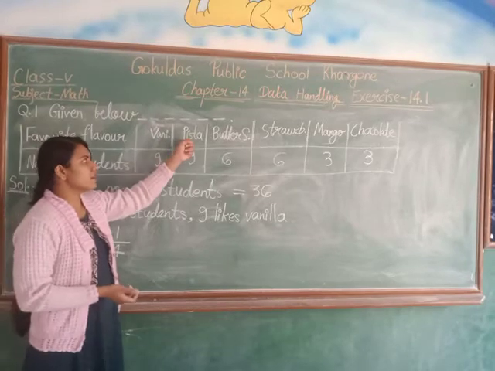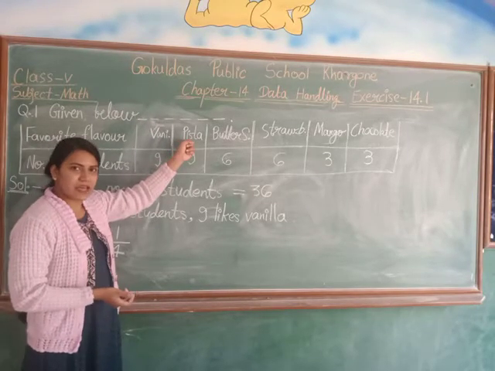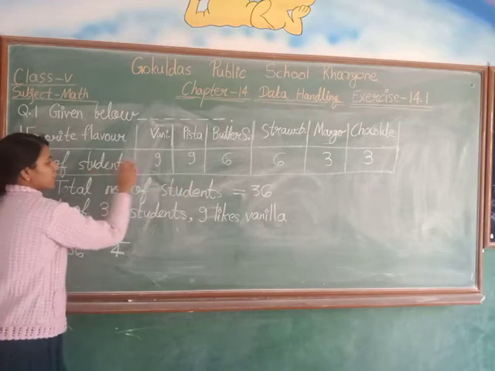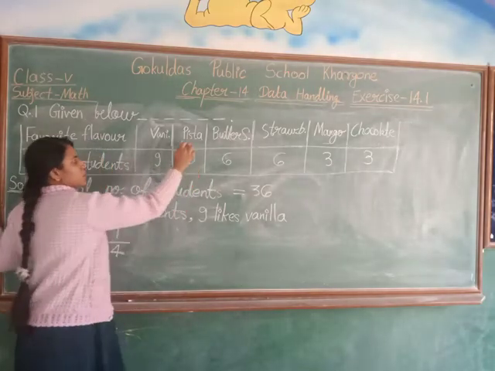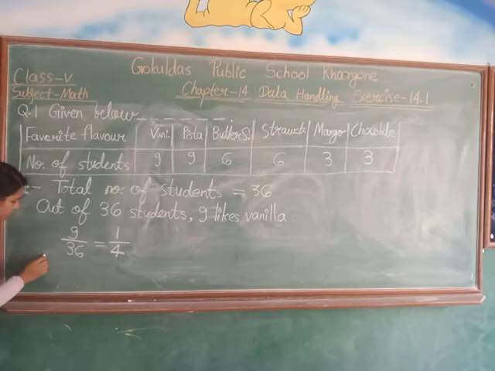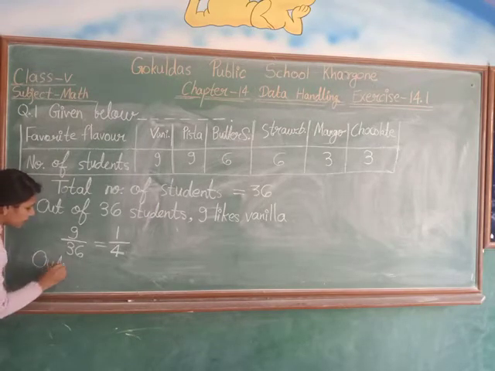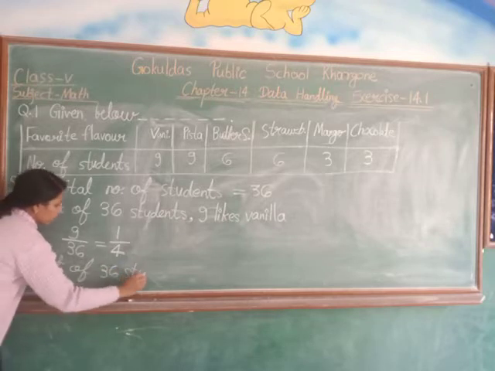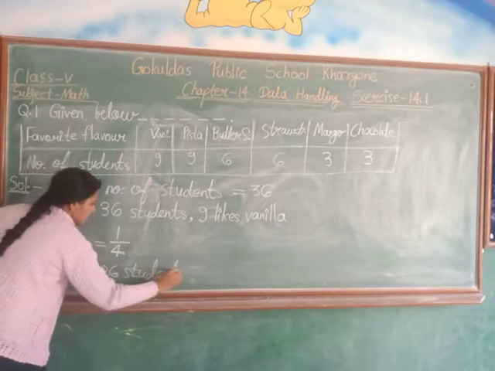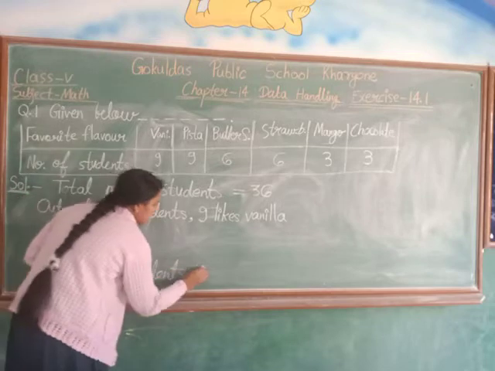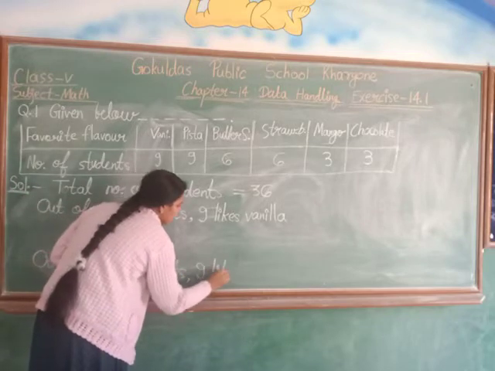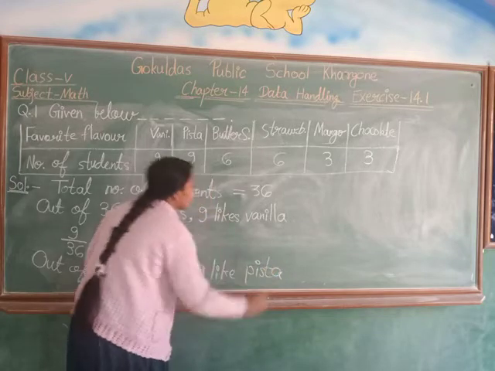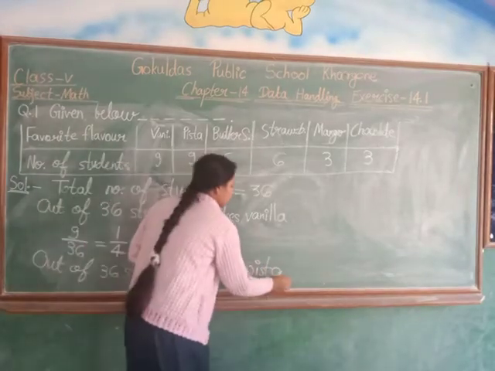Now we will find it for pista. The number of students for pista is also 9. So again we will write the same. Out of 36 students, 9 like pista flavor.